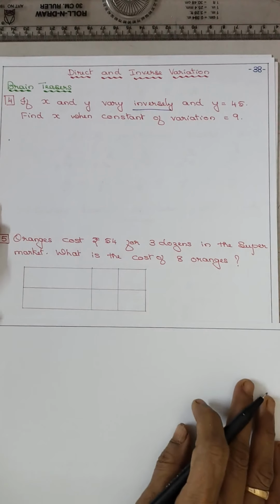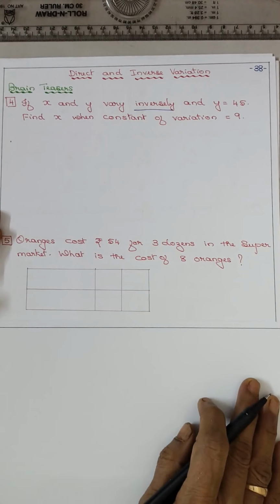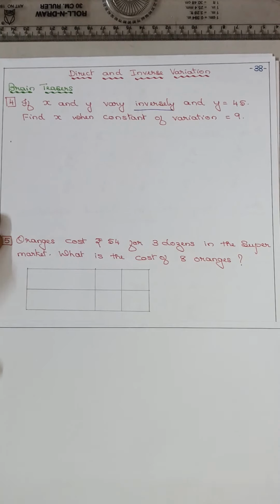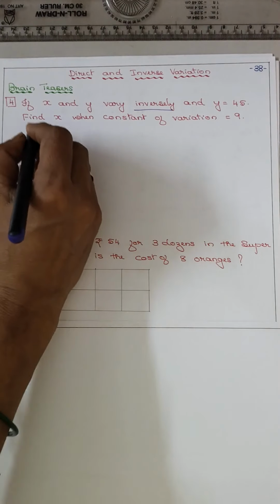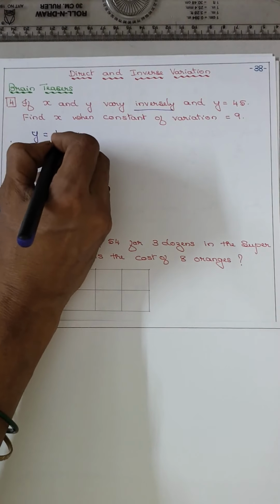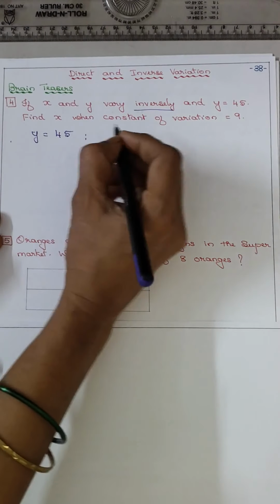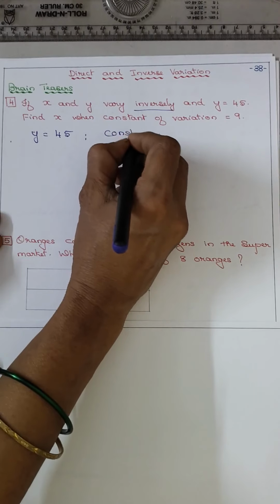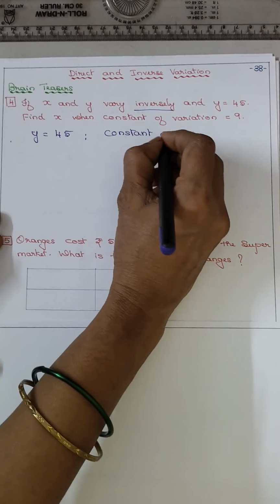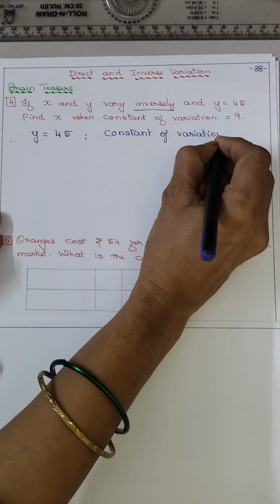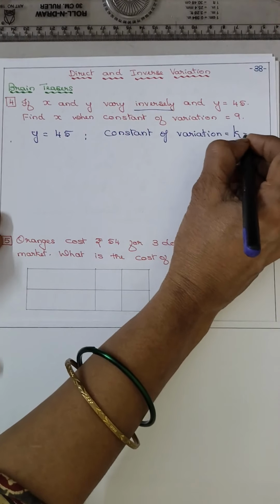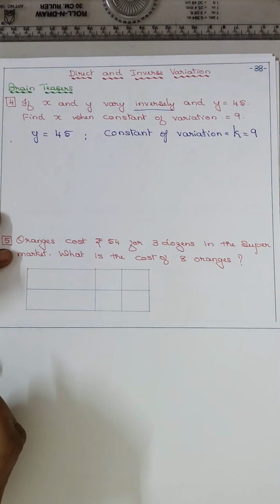So you are seeing some questions, they were not discussed in the worksheets, but you are having this in the brain teasers. So they have told x and y vary inversely, y is equal to 45 and the constant of variation. Constant of variation means what? That is k is equal to 9.